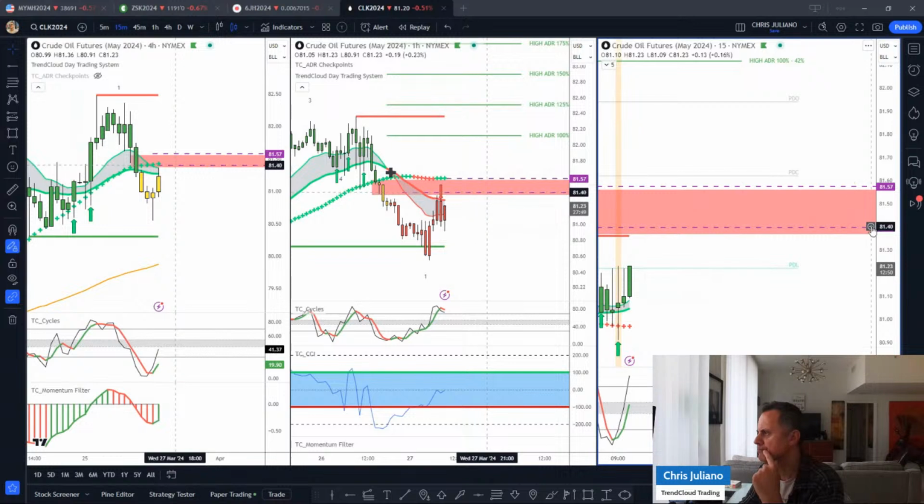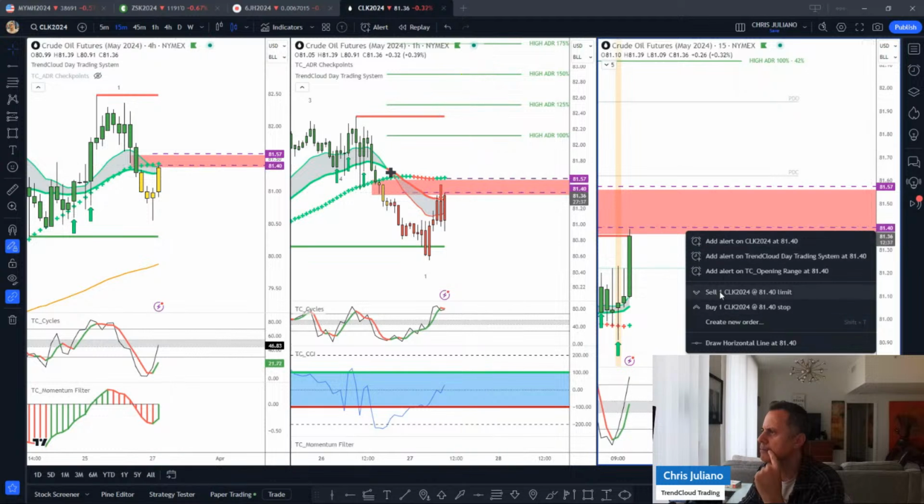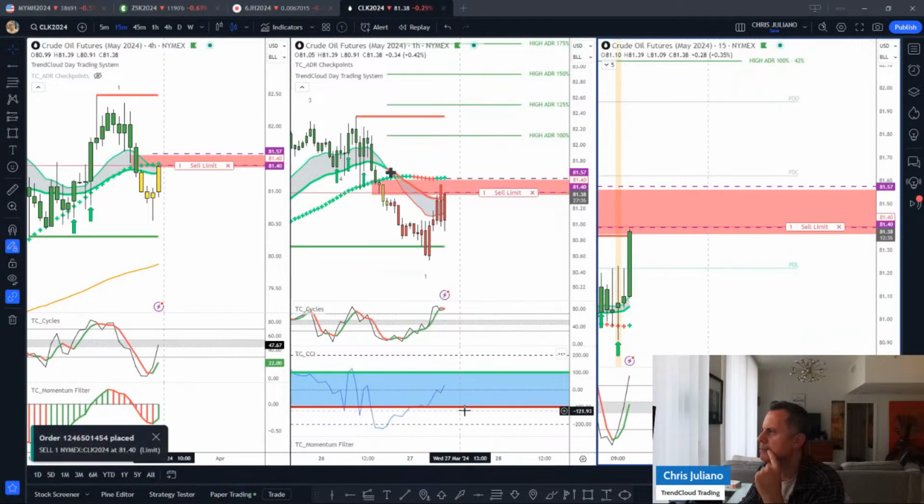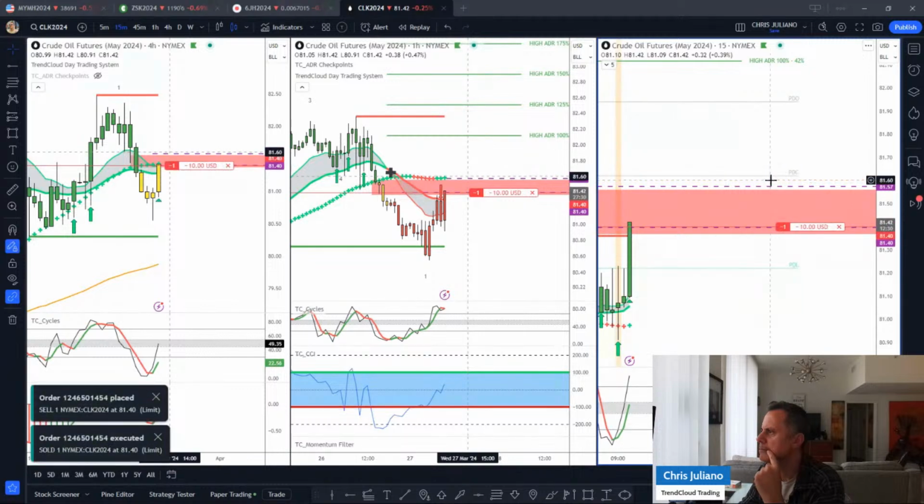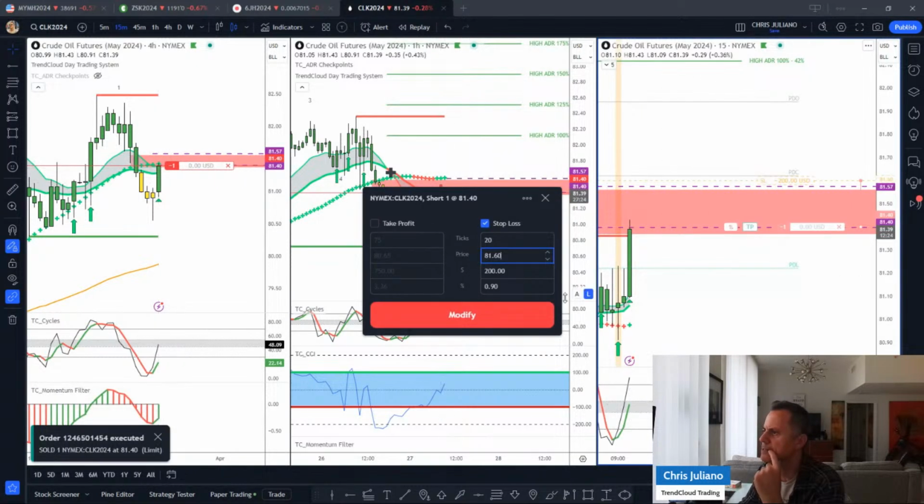Okay, so here it comes, shooting up into that area. Let's see if we can survive this.